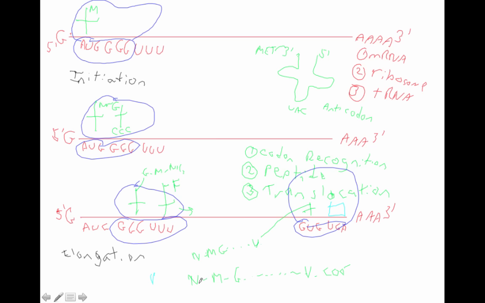Let me make the amino end look more official as well by adding the hydrogens to it. Okay, so that's our protein that's just been released. So these are our 3 steps: initiation, elongation, and then termination. And I should go ahead and write the word termination right here, because that was our last step. We've just released this protein, and now what happens next?